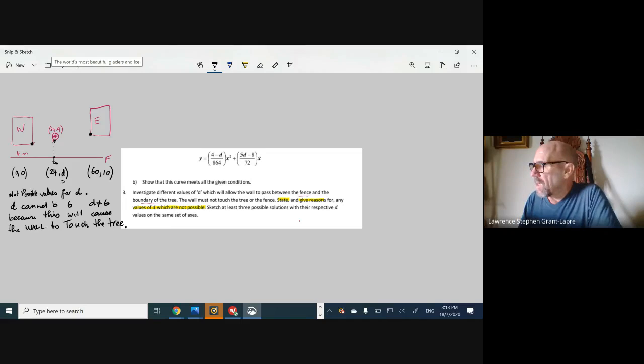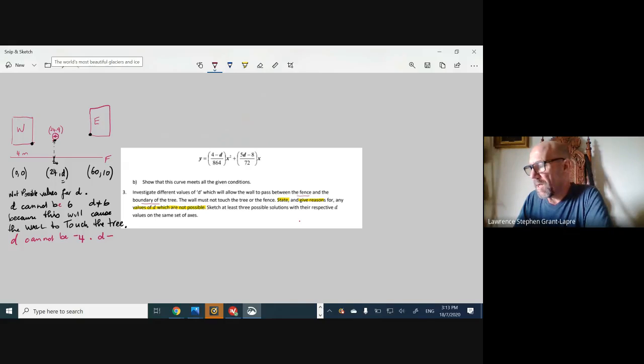What is another? Give any values of D which are not possible. There is a value of D which is not possible, so you can state more to be safe. D cannot be -4.